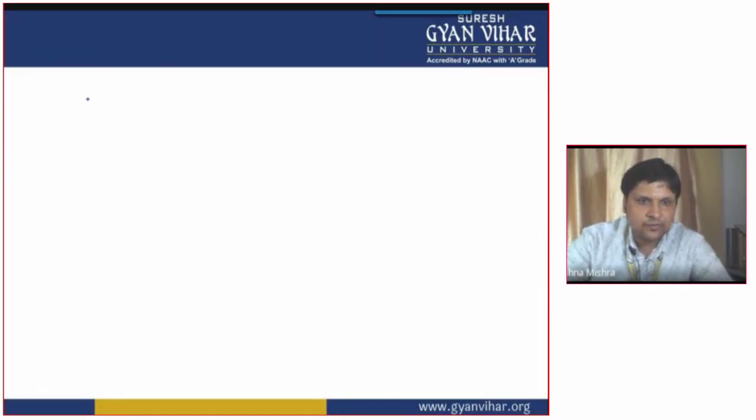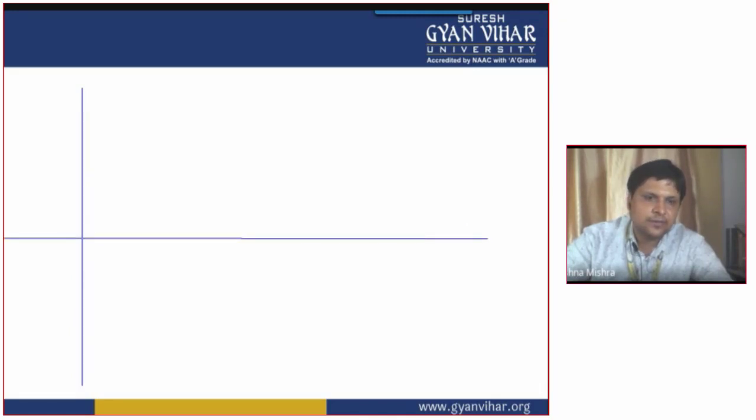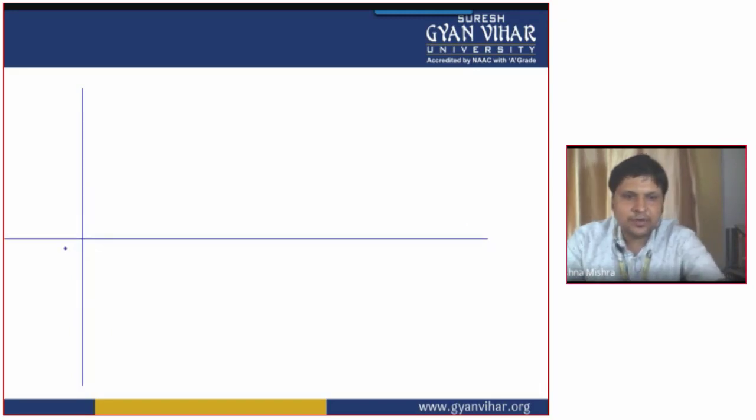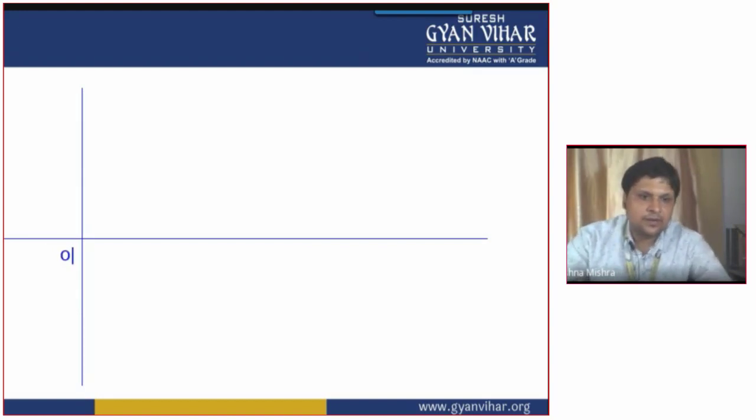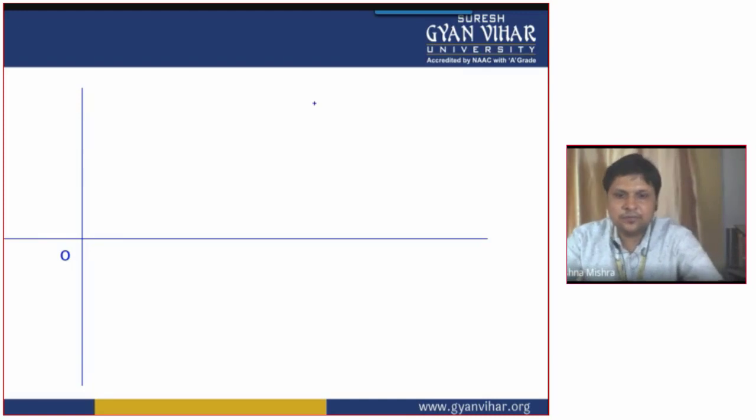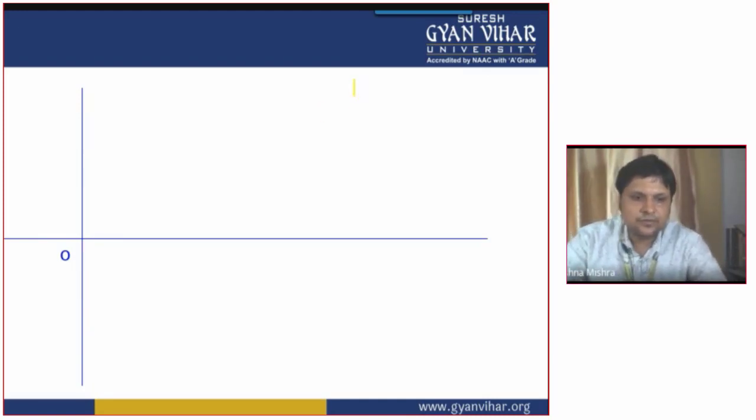First of all, we have drawn a vertical line like this. Then we have drawn a horizontal line like this. Then we have marked this point as O, and then we have measured the value of sigma. We have taken a scale, students.